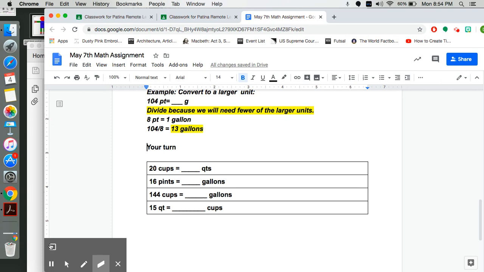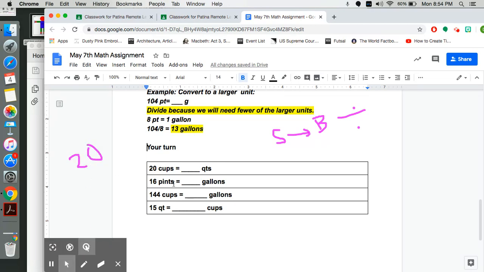We're going to do some together now. We're going to do cups to quarts. So remember, cups are our smallest unit, so I'm going from small to big. If I do small to big, I divide. So first thing I have to figure out is how many cups are in a quart. So what am I dividing 20 by?